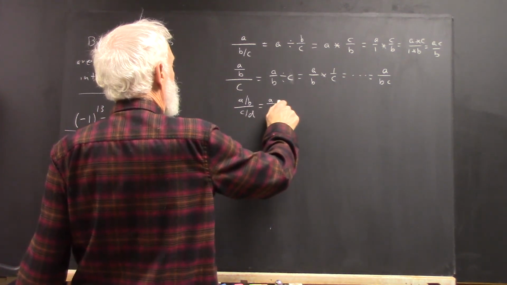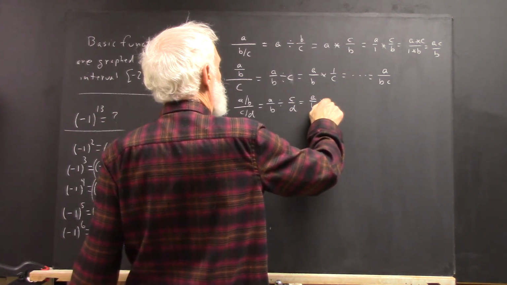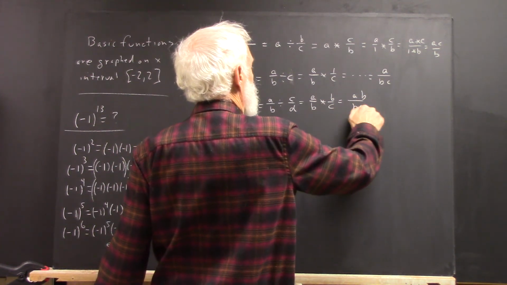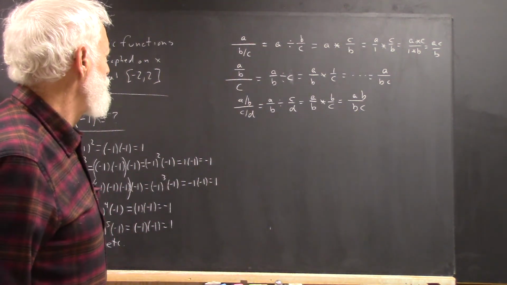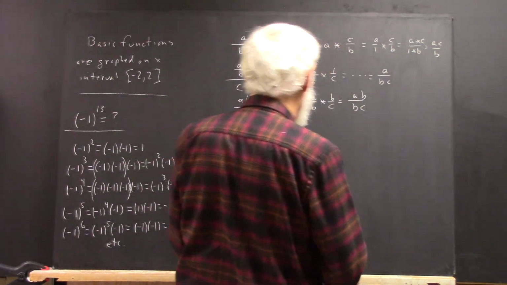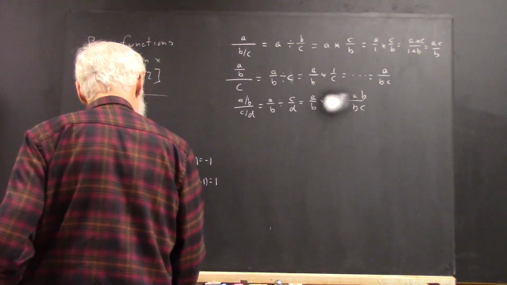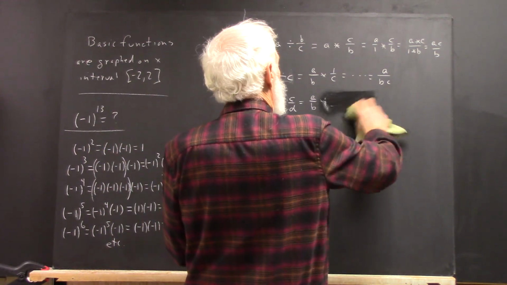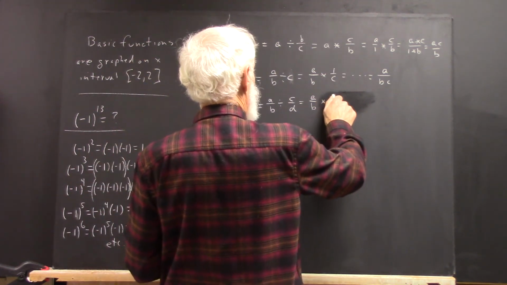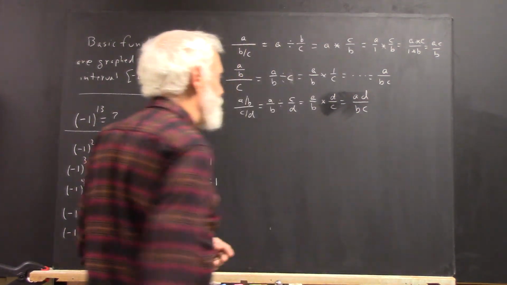Well, that's A over B divided by C over D, which equals A over B times D over C, which equals AD over BC.